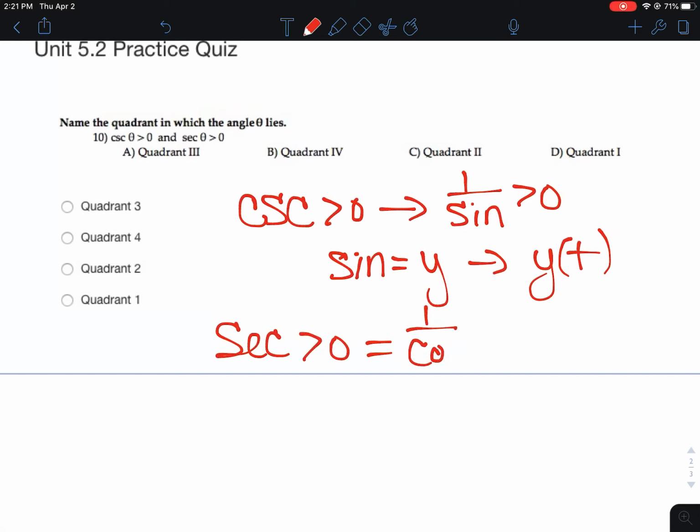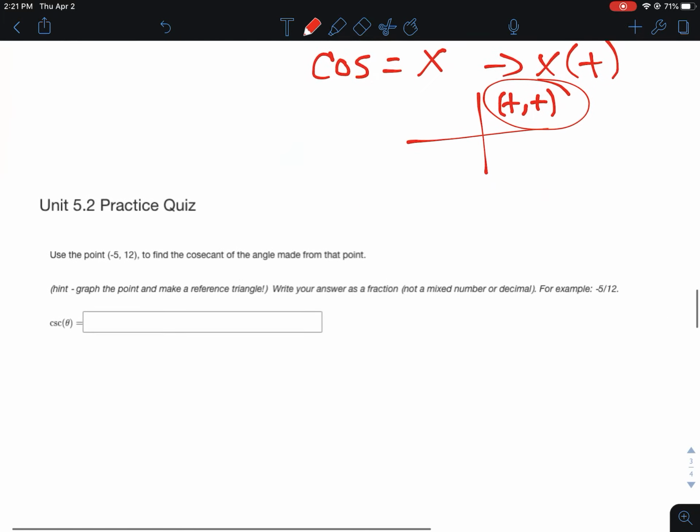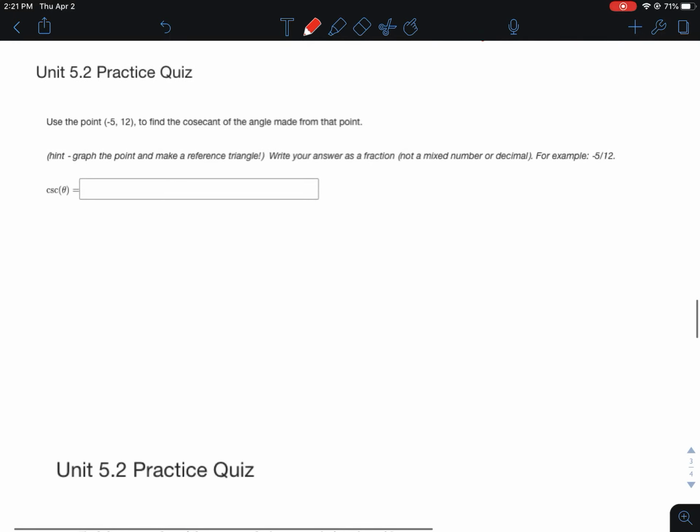Secant is also positive, which means 1 over cosine is positive, and cosine is the x. So x has to be positive. The place where both the x and the y value are positive is in quadrant 1. And I think there's 2 more here.